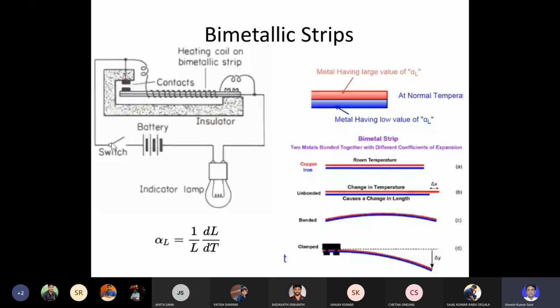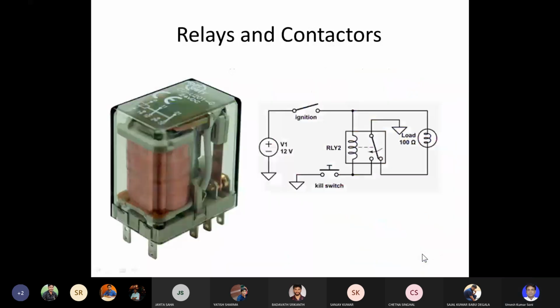So length is changed according to the change in the temperature. So a higher alpha L will give a higher change in length according to the temperature. So if this bimetallic strip is fixed at one place, there will be a displacement del y, you can see here. So this can be used for thermal overload relays.